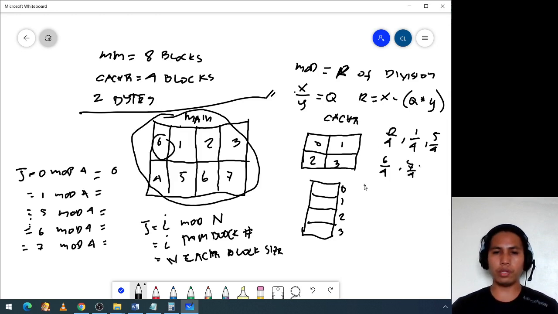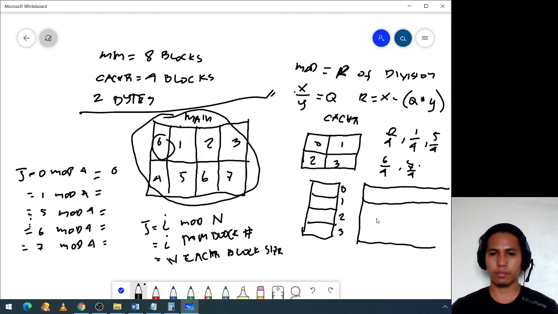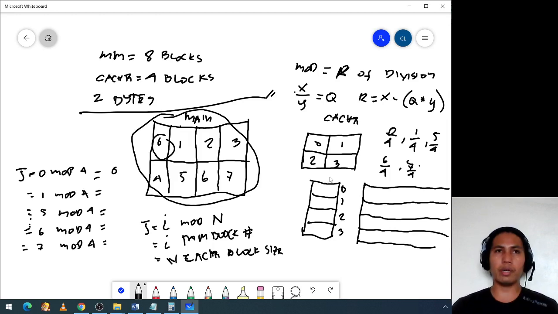If we are to map that, 0 divided by 4 is actually 0, and the remainder, of course, is 0. So main memory block number 0 is in cache index 0. For 1, that is 1 divided by 4, which is 0, then remainder 1. So this is here.